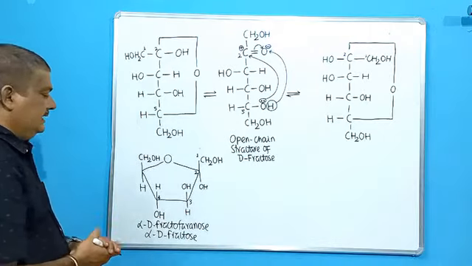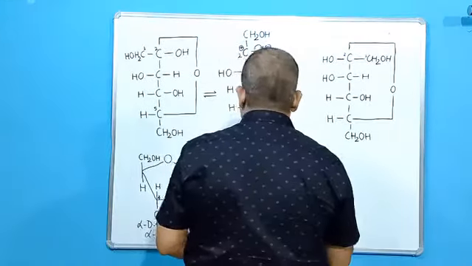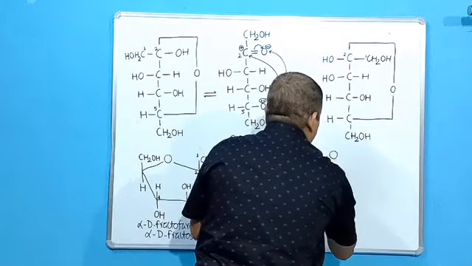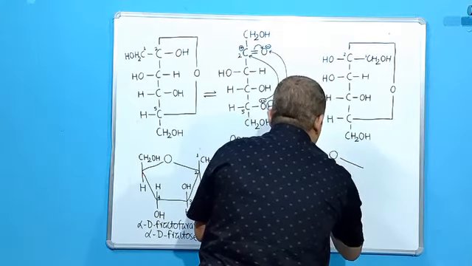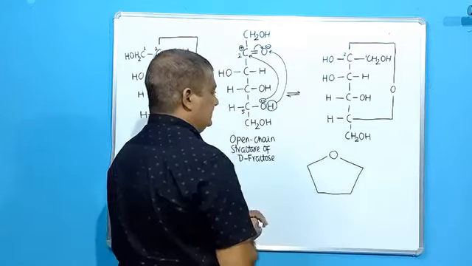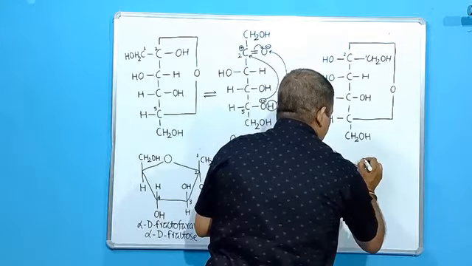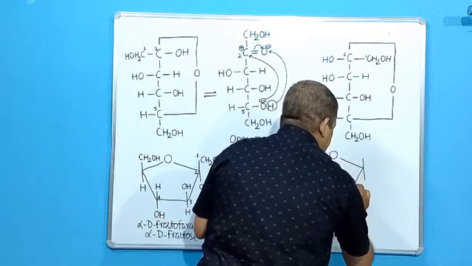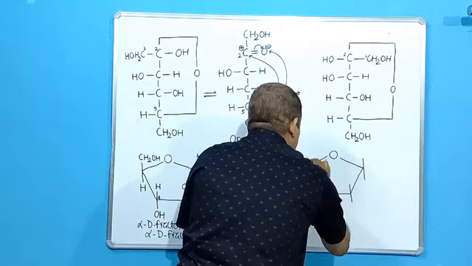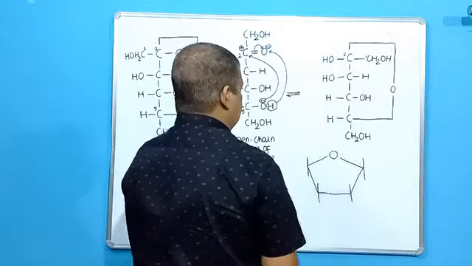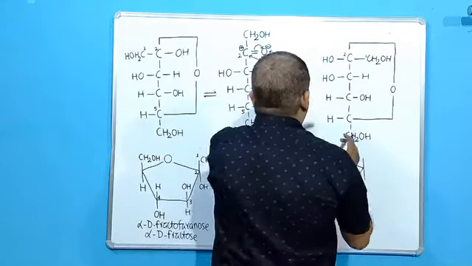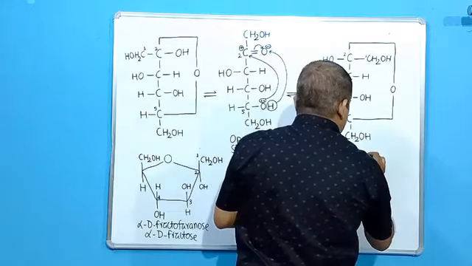or simply alpha D fructose. Similarly, coming to this one, again oxygen will be at the center. Then we will make a 5-membered ring like this. Okay. Then draw 2 lines at each. So what is on the left hand side here?